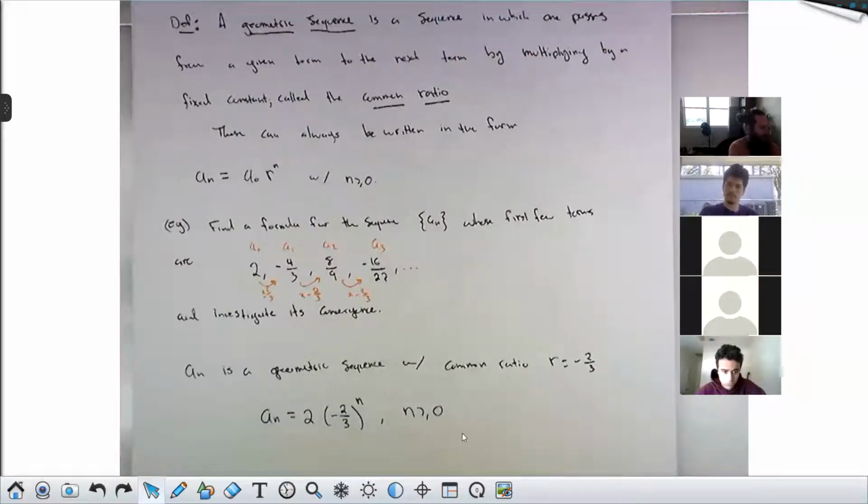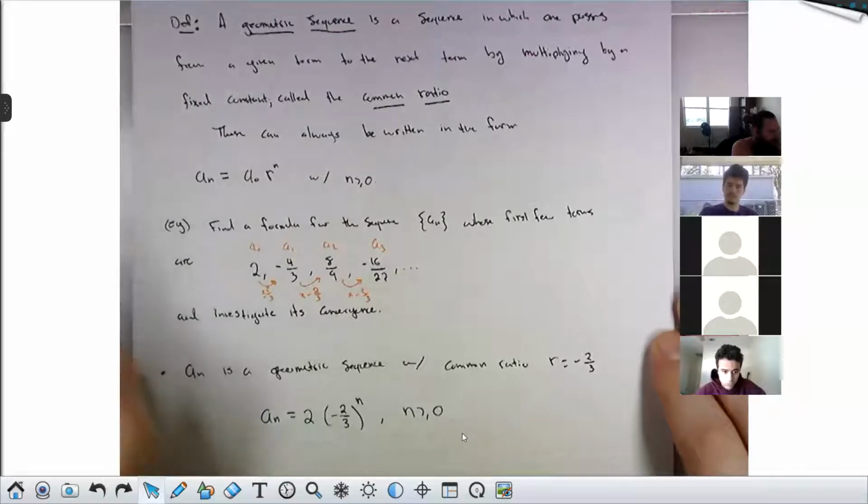Okay, so then the convergence thing, we need to calculate the limit as n goes to infinity of a_n.